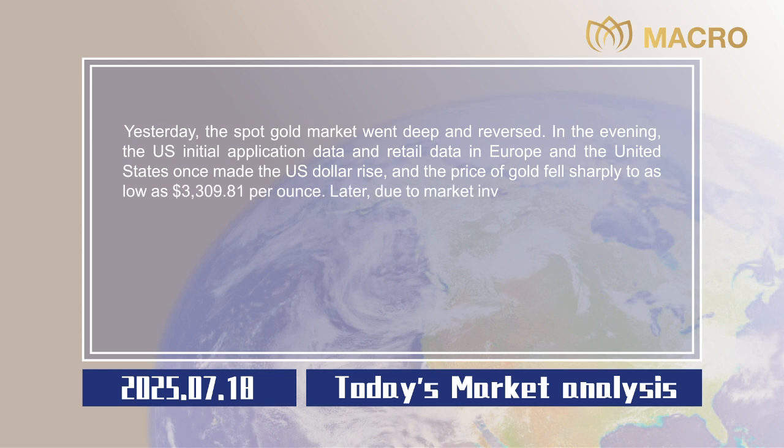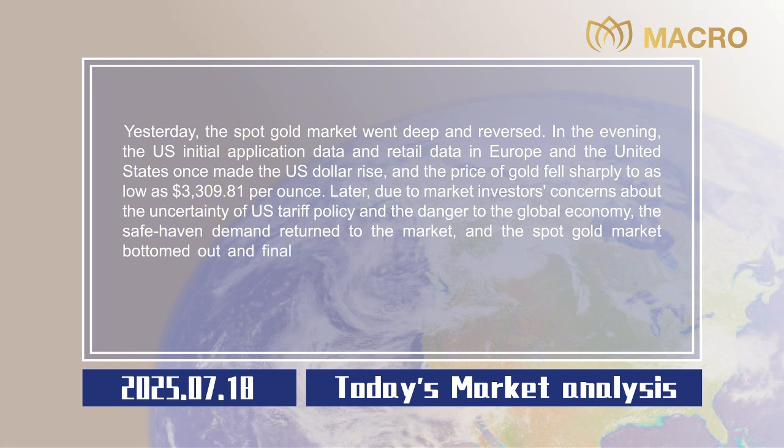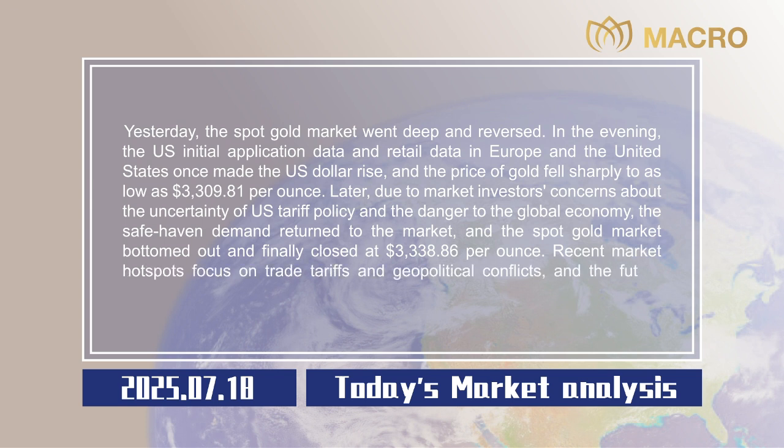Later, due to market investors' concerns about the uncertainty of U.S. tariff policy and the danger to the global economy, the safe haven demand returned to the market, and the spot gold market bottomed out and finally closed at $3,338.86 per ounce. Recent market hotspots focus on trade tariffs and geopolitical conflicts, and the future direction of the Fed's monetary policy will also affect the market direction.